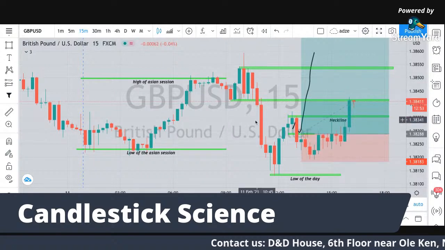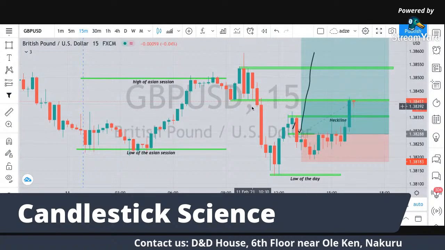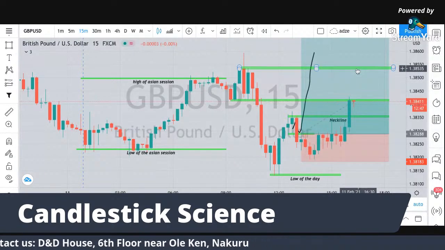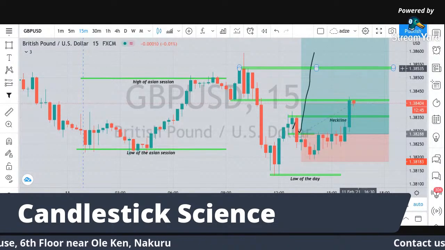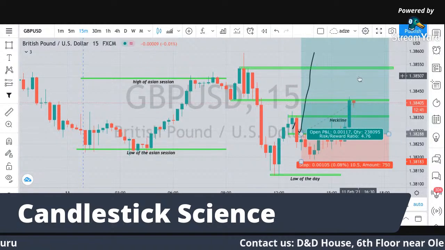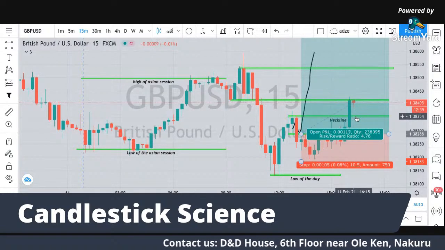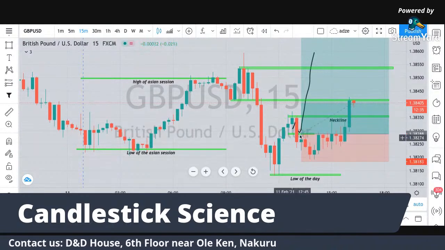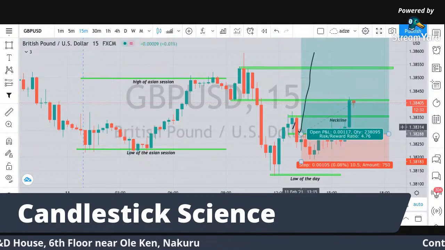So if price breaks this one, this is the next. I'd rather close at 1.385. If price is going to do a retest, it will do a retest on this 1.3835. I don't think it will go down up to 1.329.